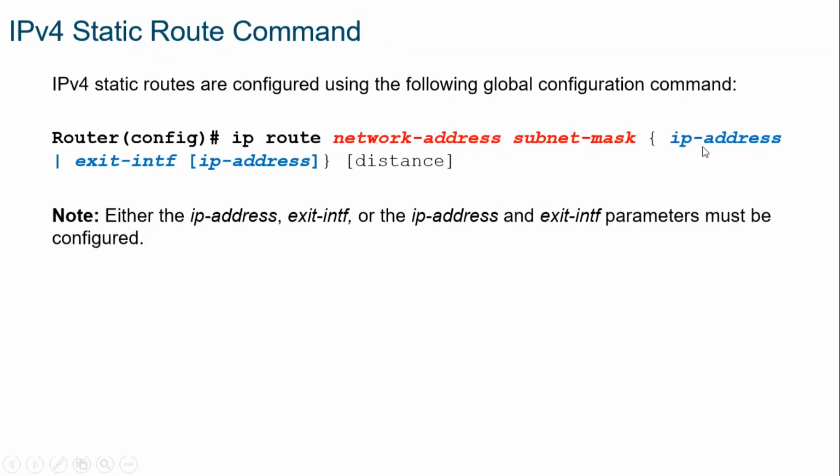And then this is either the IP address or the exit interface, and there is an option for a distance. This distance here is administrative distance. As we just discussed, here it could be the next hop IP address, or it could be an exit interface, or it could be both.